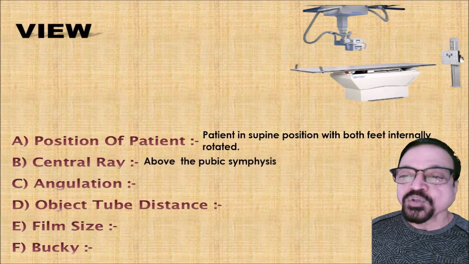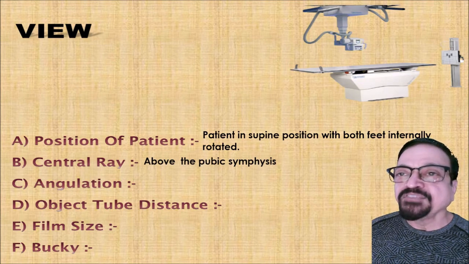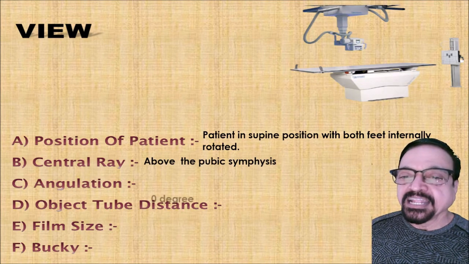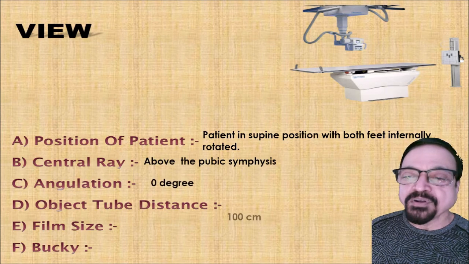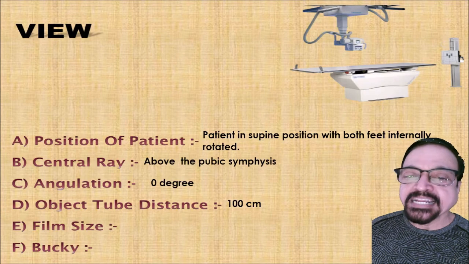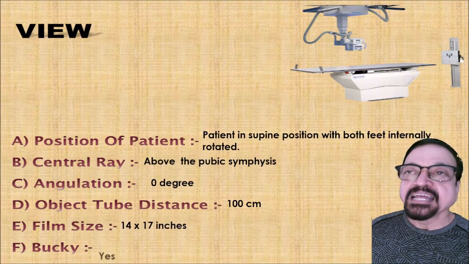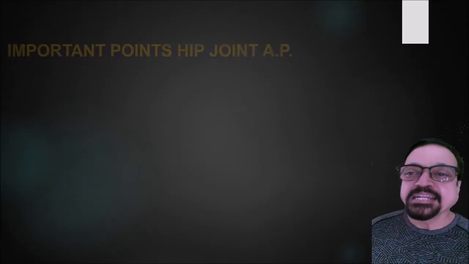So the technologist has to take care that the feet are internally rotated. There is no angulation required for the tube; it can be a straight angle. The distance is usually 100 cm and the film size is maximum, that is 14 by 17. A Bucky has to be used so that we get a clear picture.